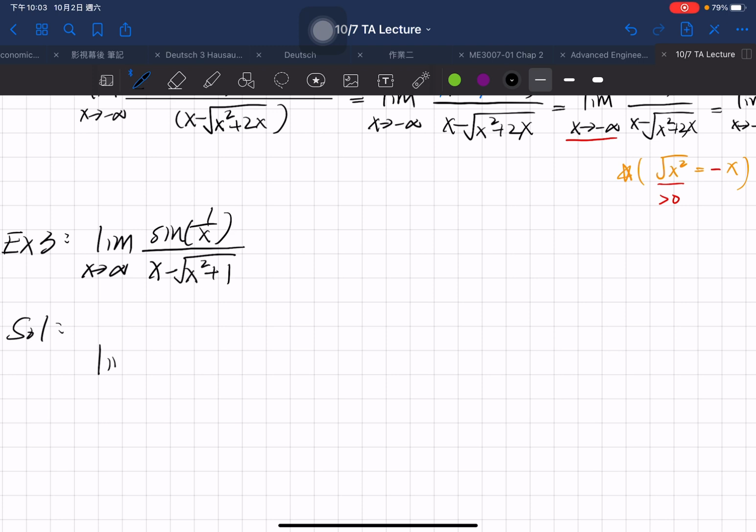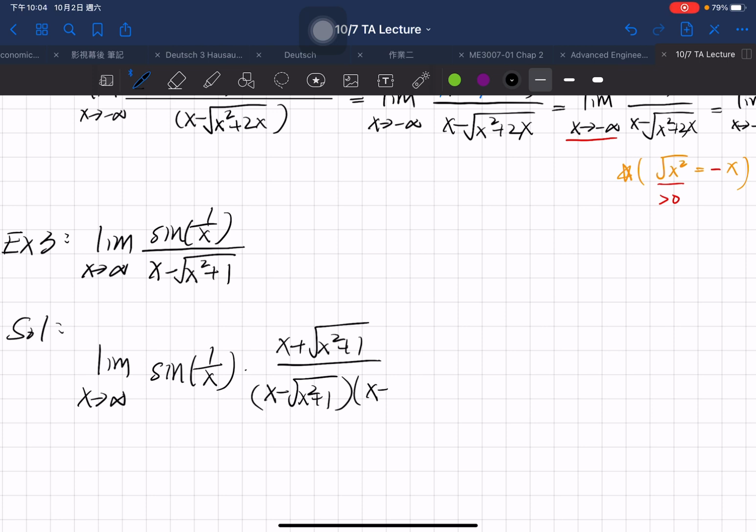So our limit, x approaches infinity, and what we get is sine x. We just take this sine out, and we rationalize it.